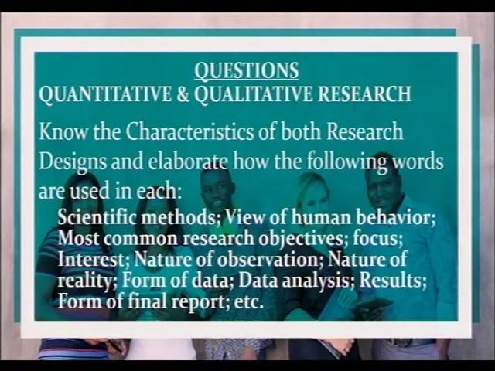We continue. Some of the other questions that you might be asked in the examinations is to give the characteristics of quantitative and qualitative research. So, what do we mean here? You have to know their characteristics by elaborating how the following words are used in those two research designs. For example, you look at the scientific methods of qualitative and quantitative design.